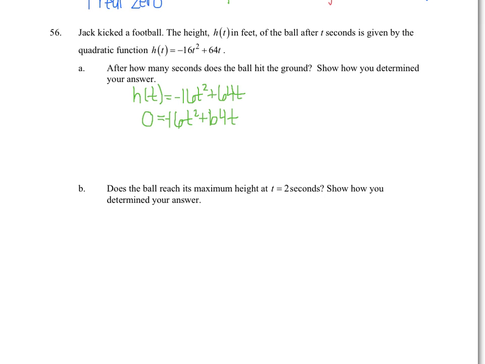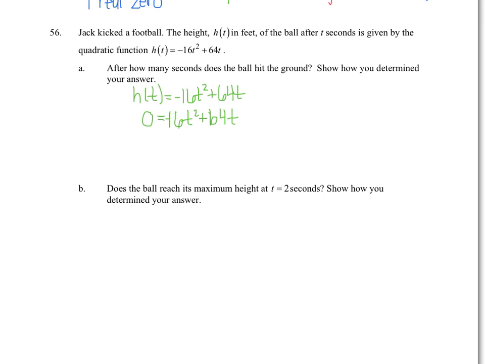So the greatest common factor is the largest number and or variable that can come out of every term in the function. Well, 64 is divisible by 16, so I can take out a 16. If my leading term is negative, I want to pull out the negative as well, and I see that I have a t, so I can factor that out as well.